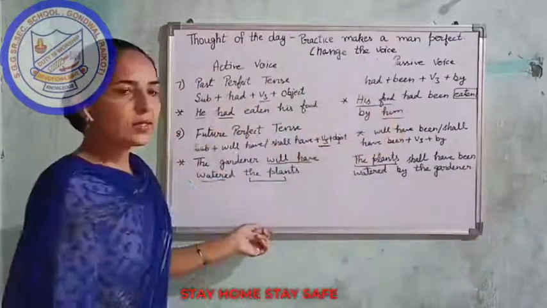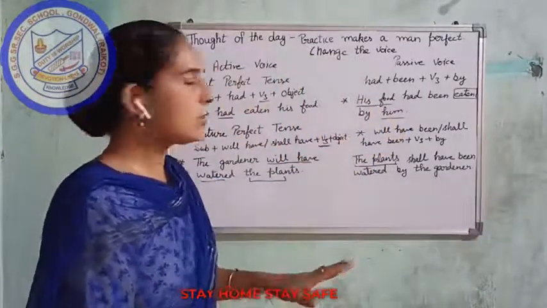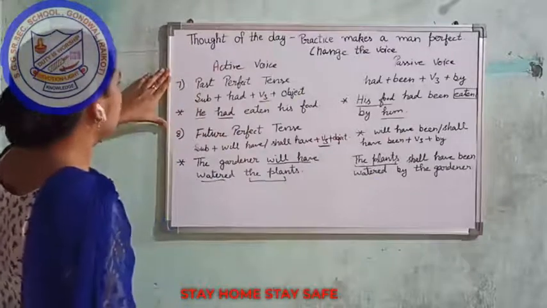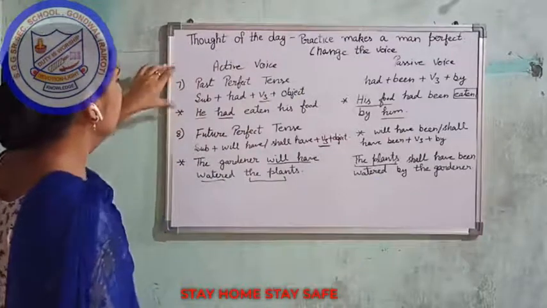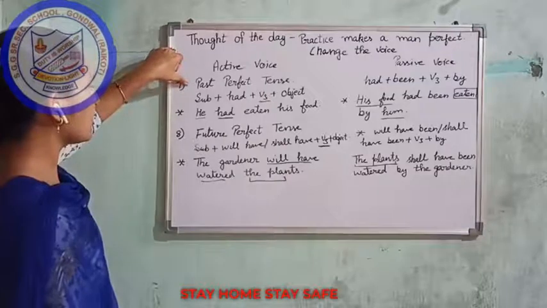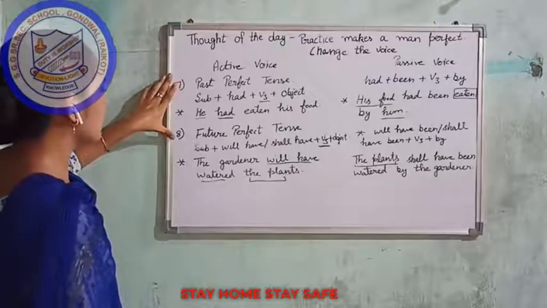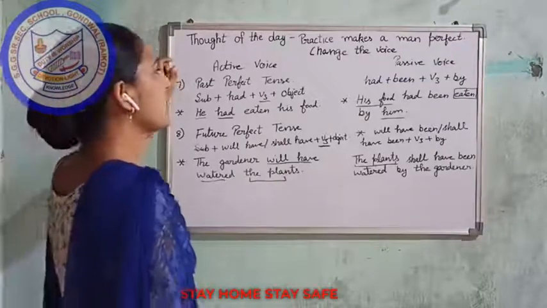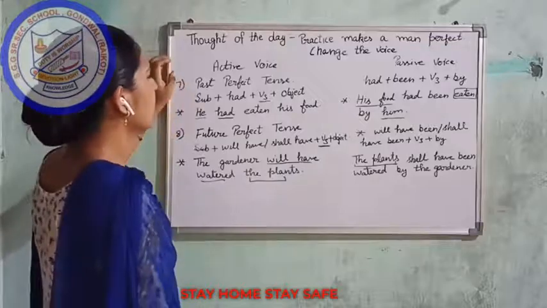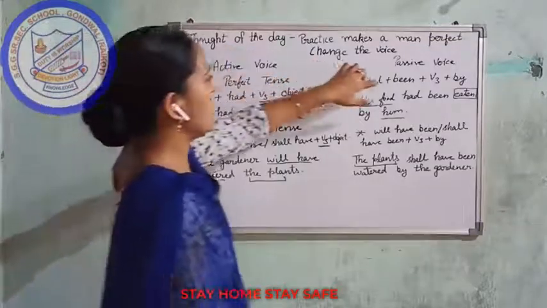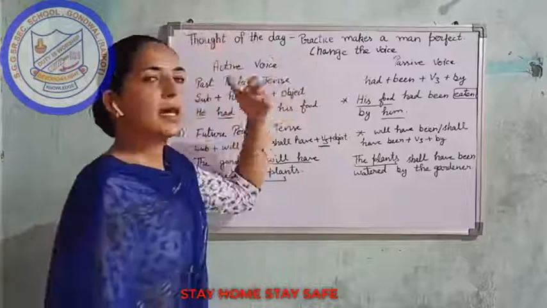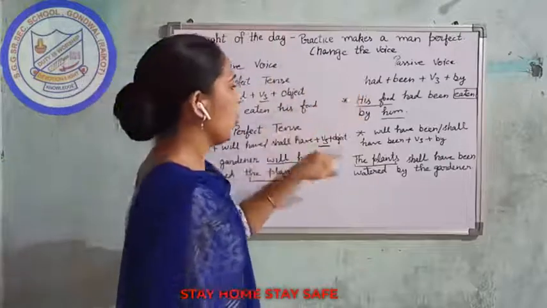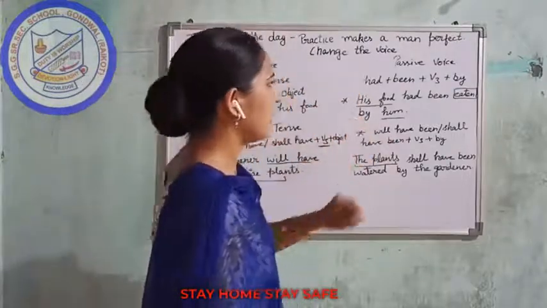Is it okay, students? Have you understood? Let me revise it once again. In past perfect tense, future perfect tense and present perfect tense, there is a use of been: has been, have been, had been, will have been, shall have been.